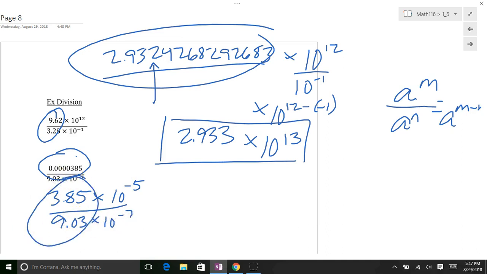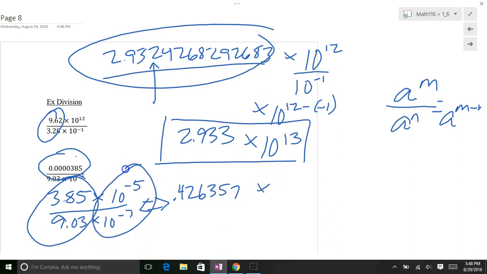Now I'm going to do those two, 3.85 divided by 9.03, and I get 0.426357. I'm going to round that.